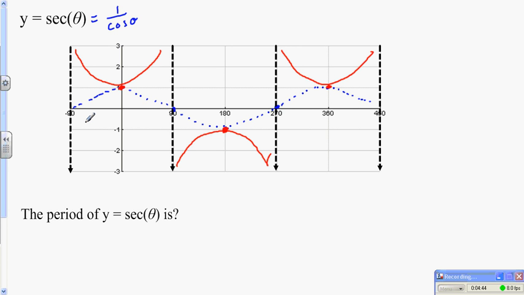They will not cross, but they will get infinitely close, and a period would refer to where it starts to repeat from beginning to end. So here's 180, here's another 180, so together we have 360. So the period of secant is the same as cosine, 360 or 2 pi.